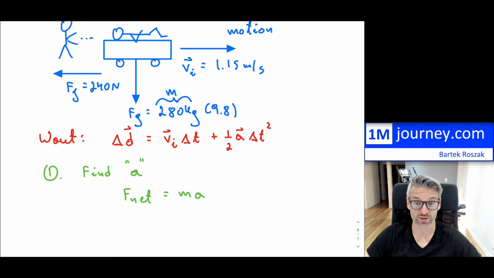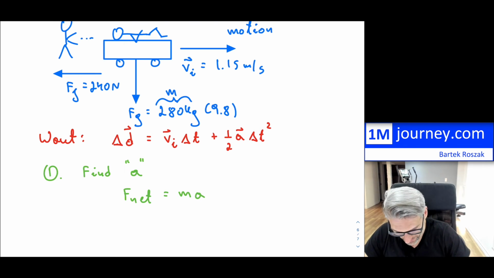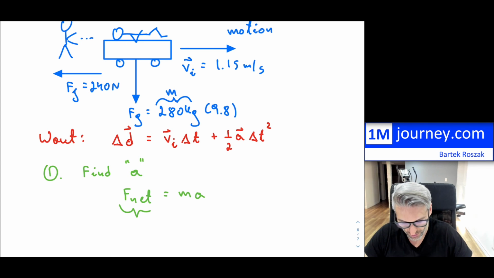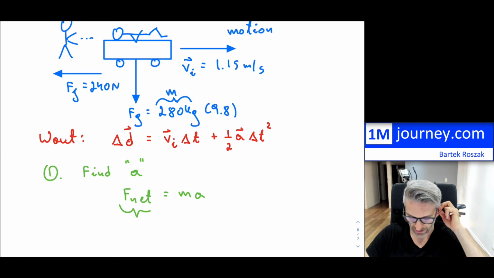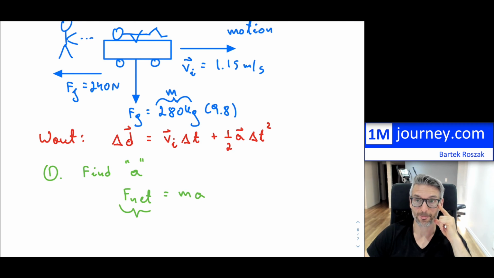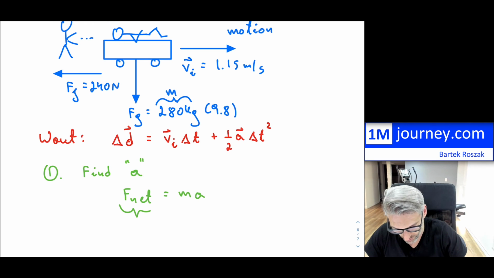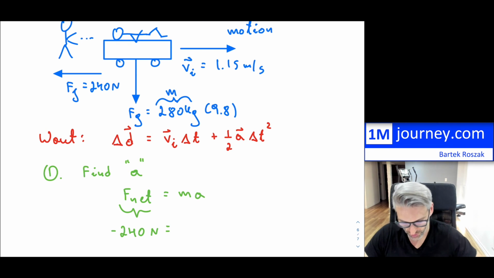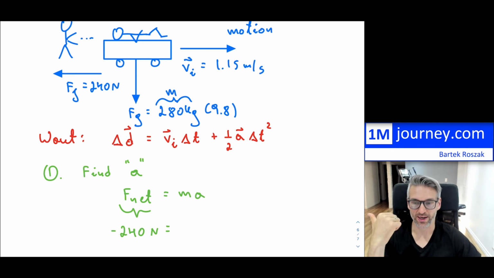The acceleration is what I want. Do I know F net? Well, the only force present in here is the force of friction, in the opposite direction. So F net really is just negative 240 newtons.